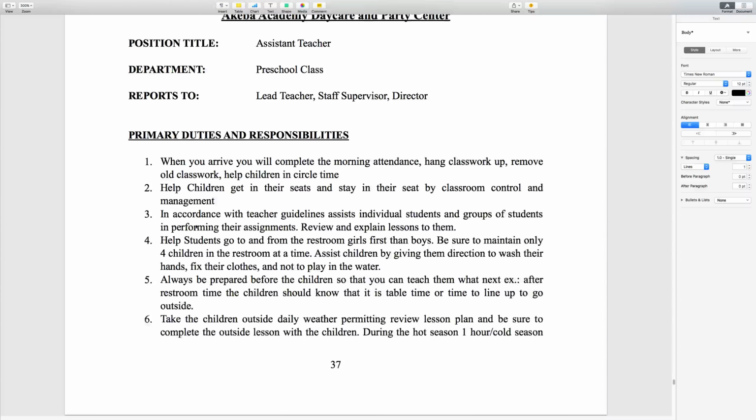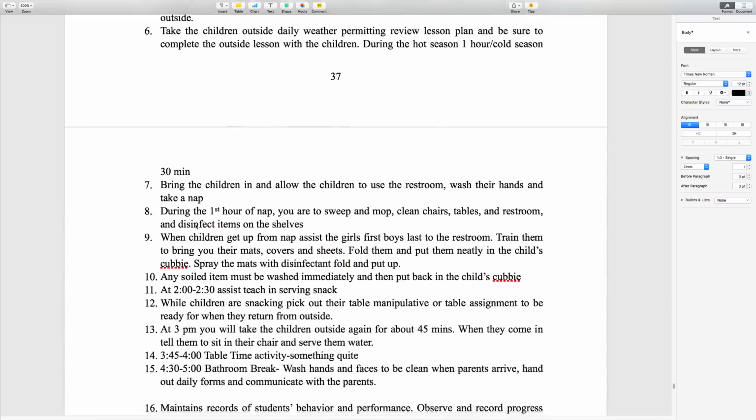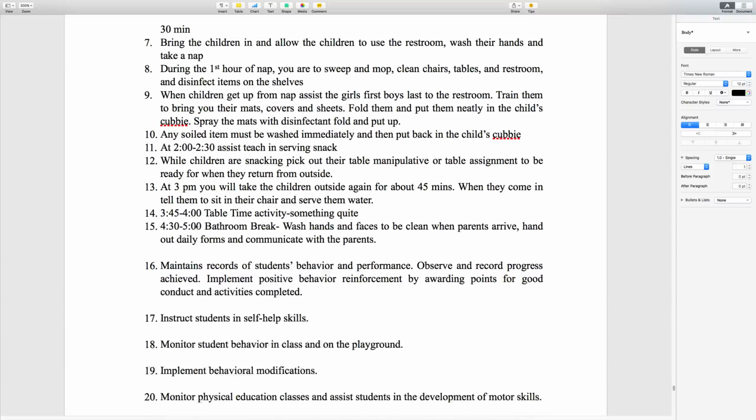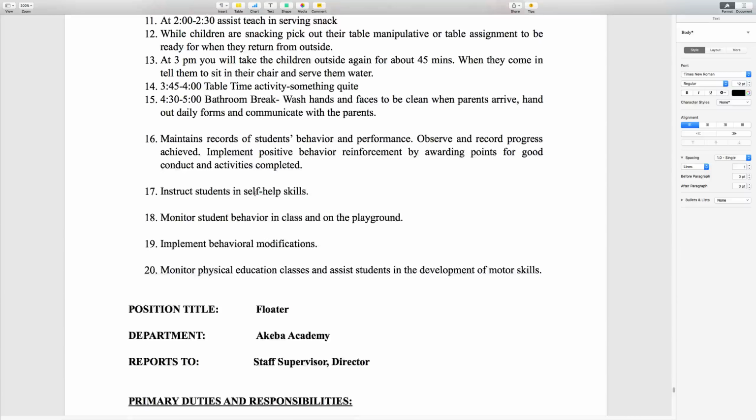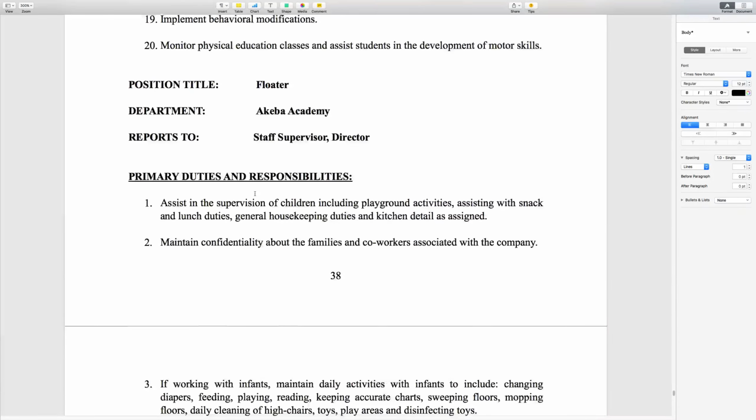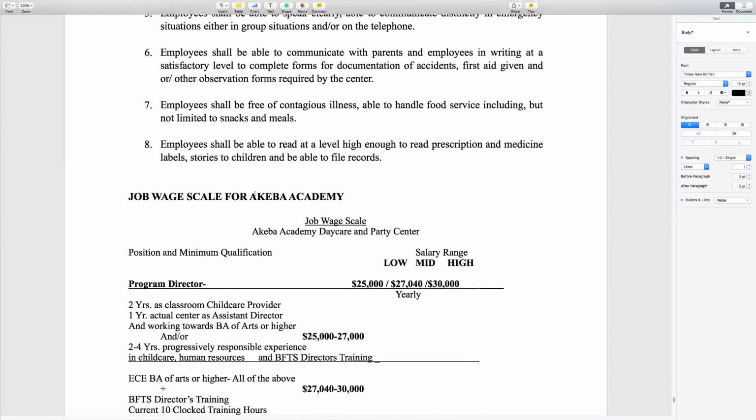The assistant teacher role. And you giving them time based on schedule, that what happens around about what time in your program. Floaters. You giving them the job description.